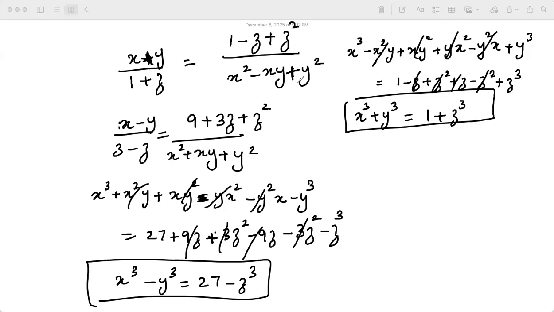Both are plus, right? Now one thing is I have to use both, so add both the equations. I'll get 2x cube equals 28. So x cube equals 14. Yeah, that's right. x will be equal to the cube root of 14, correct?